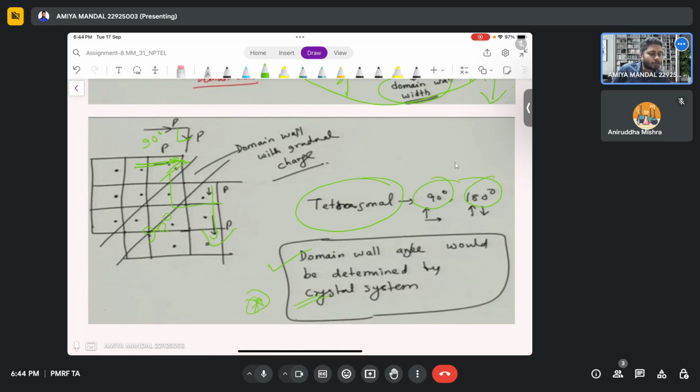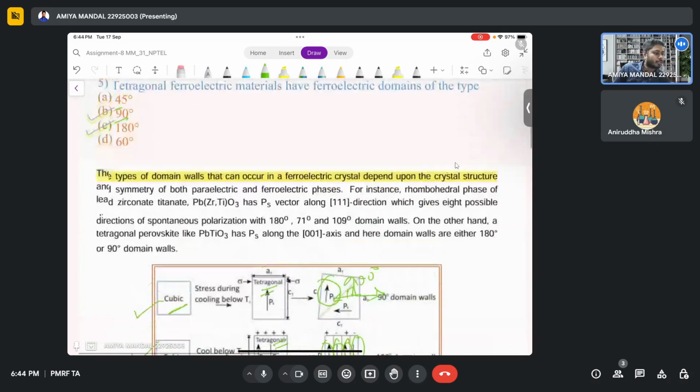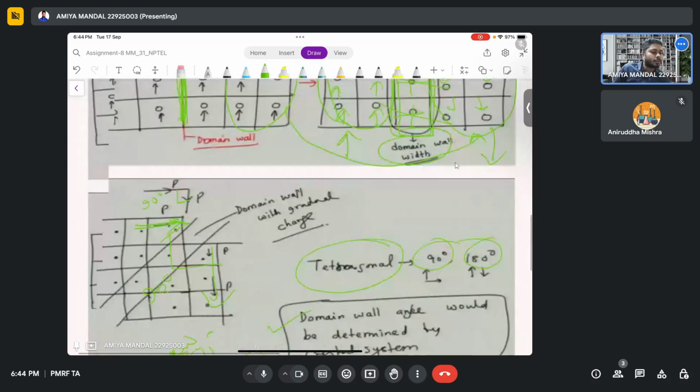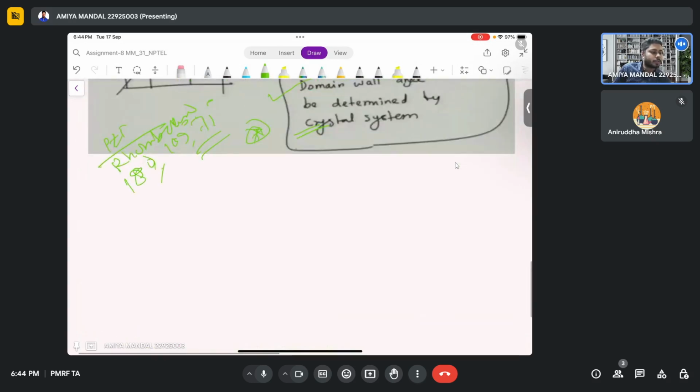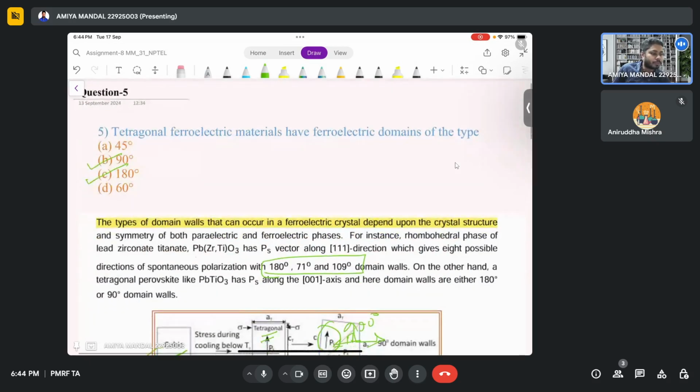Just like for lead zirconium titanate rhombohedral, 90-degree, 109-degree, 71-degree, these types of formations are seen, along with 180-degree for PZT along these directions.